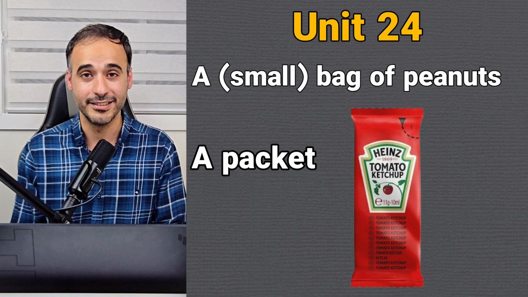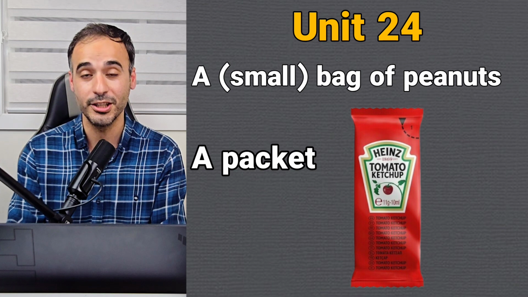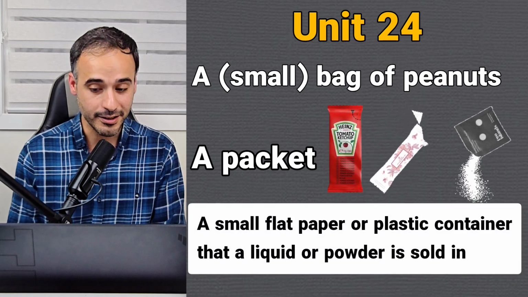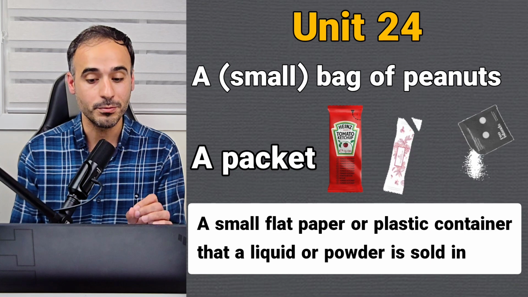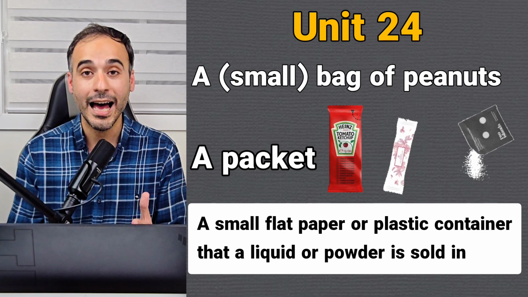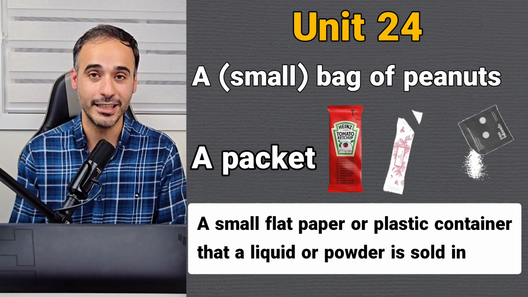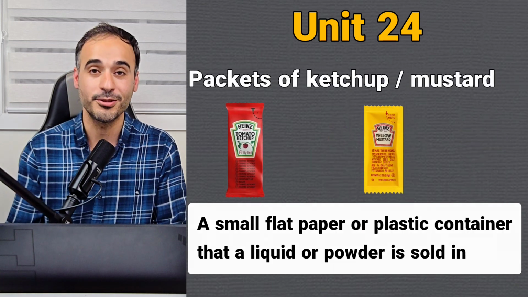This is a packet. And I can read the definition, which I borrowed from the online Longman Dictionary. So what's a packet in American English? It's a small flat paper or plastic container that a liquid or powder is sold in. So we can say packets of ketchup or packets of mustard.